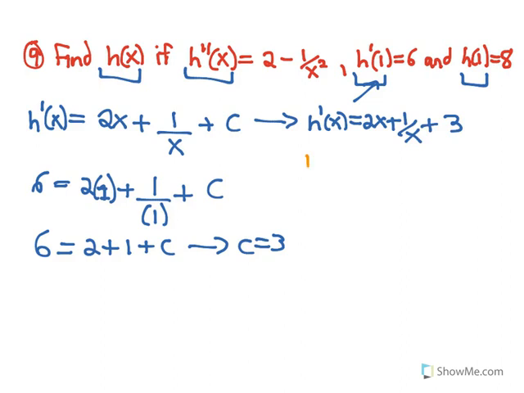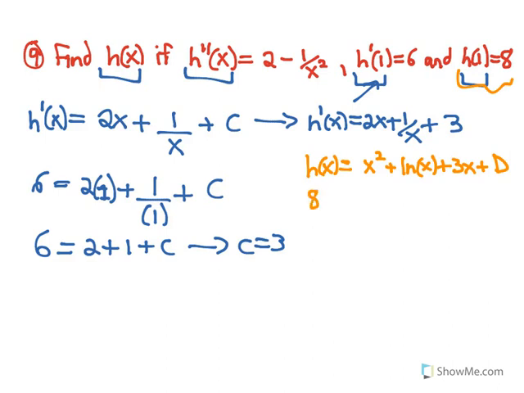Now I can go one more level up to find h of x. If I have 2x, I must have come from x squared. If I have 1 over x, I must have come from ln of x. If I have 3, I must have come from 3x plus d. There could be a constant there. Now I can use this piece of information that when x is 1, h of x is 8.